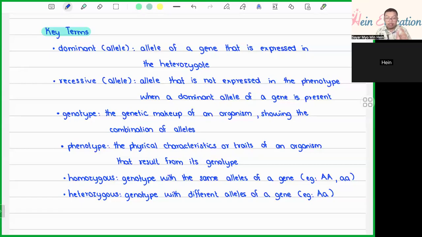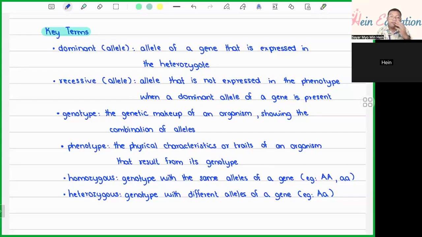But heterozygous is a genotype with different alleles of a gene. So that would be capital A and small a, or it can be any alphabet that you choose, such as capital B, or capital D and small d. So these are the overall six definitions that we should be very familiar with while doing the inheritance chapter.